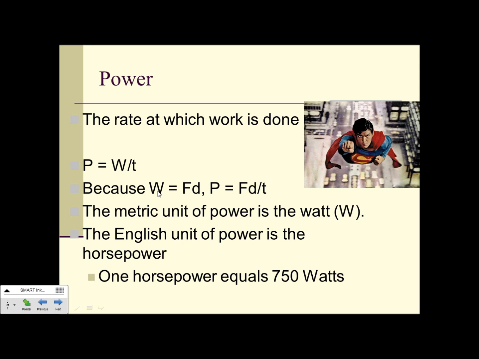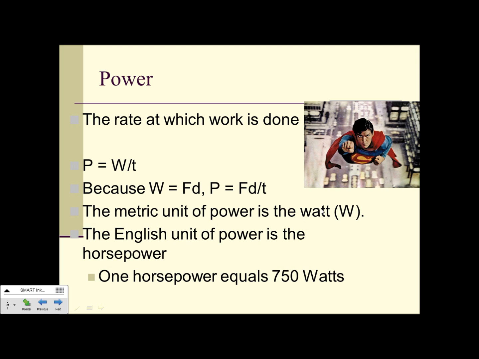Because work is force times distance, then power will be force times distance over time. Now you'll see these two equations on the equation sheet, but this is just showing you work in the equation, FD over T. The metric unit for power is the watt, and this is the same watt as in your light bulbs.